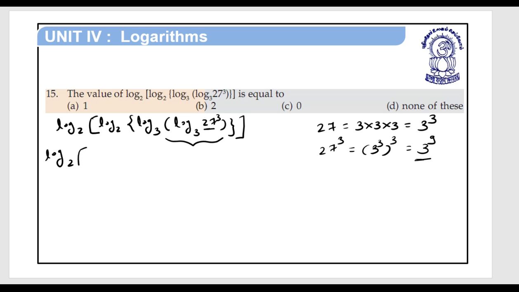Log to the base 2, log 3, here log 3 raised to 9 to the base 3.